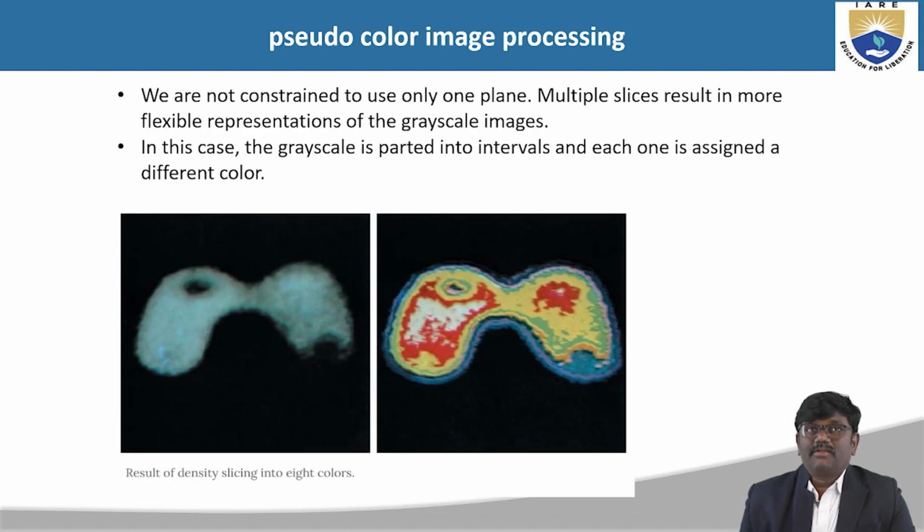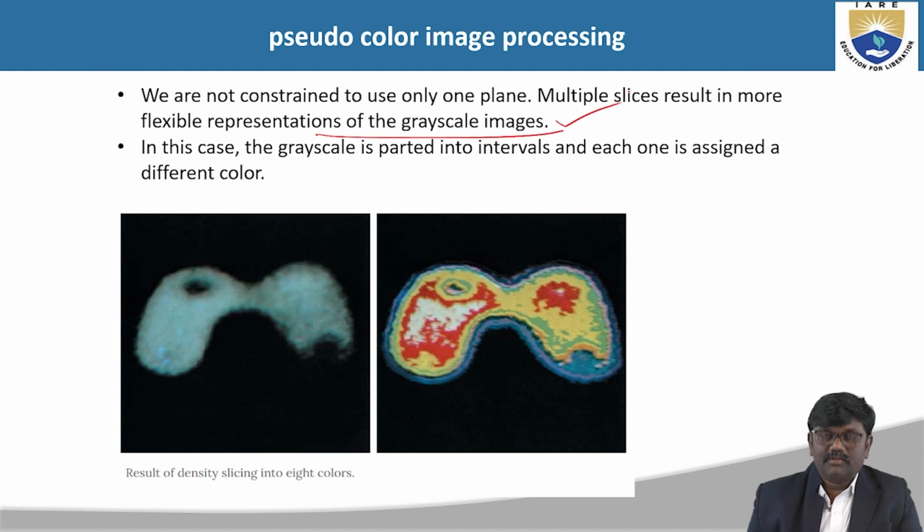For example, in the continuation of pseudo color image processing, you are not constrained to use only one plane. Multiple slices result in a more flexible representation of your grayscale images and more flexible image processing. In this case, the grayscale is parted into intervals and each one is assigned a different color.